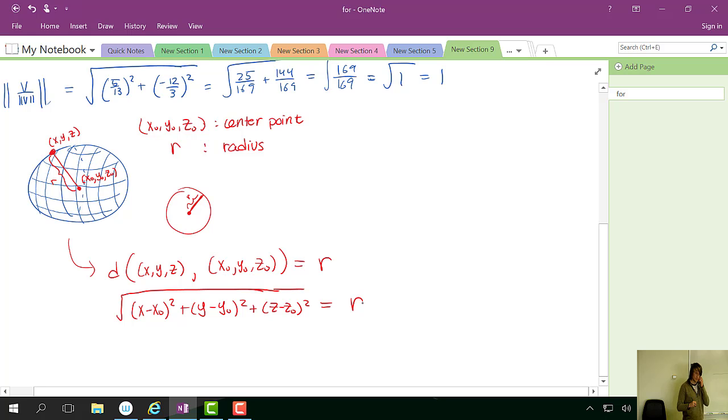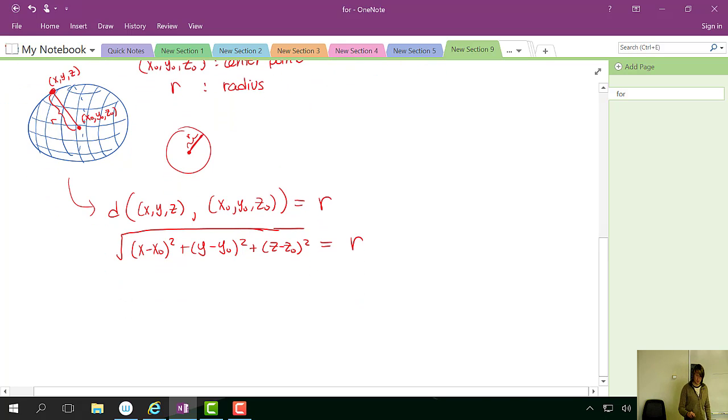And then the final thing people do is they square both sides. So if I were to do that, this square root would go away. That would become r squared.